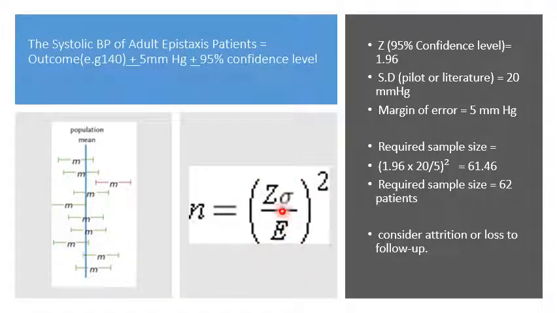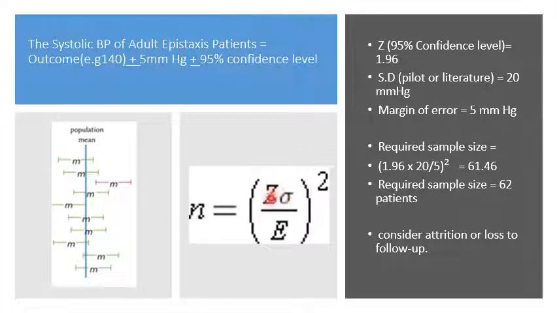This equation depends on the margin of error, the level of confidence, and the known variability of the blood pressure of this group. Here we set the z-score, the level of confidence, again at 95%. So the z-score of a 95% confidence interval would be 1.96. We'll plug this here.